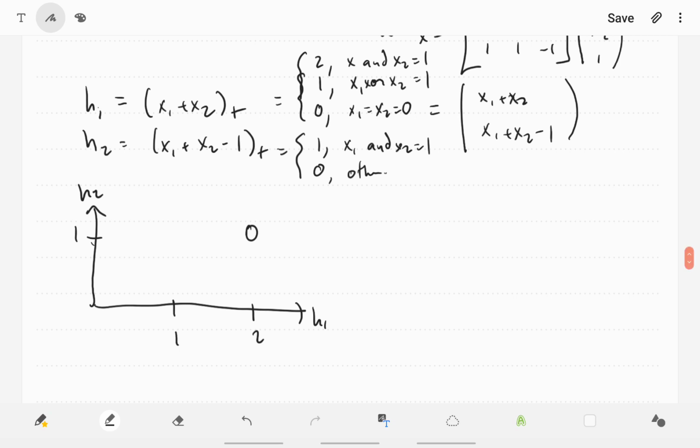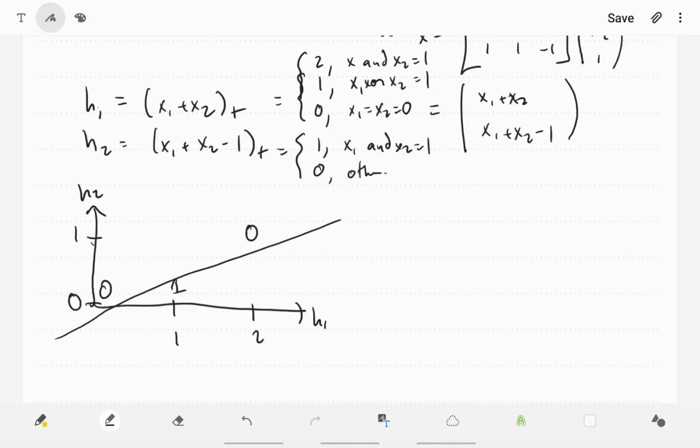And then for the 1, we have H1 equal to 1 when XOR is true, right? And H2 is 0 in that case. And so we have a 1 down here. We have both XORs down here, and then we have a 0 here. And we see that now we're going to be linearly separable in this H1, H2 space.